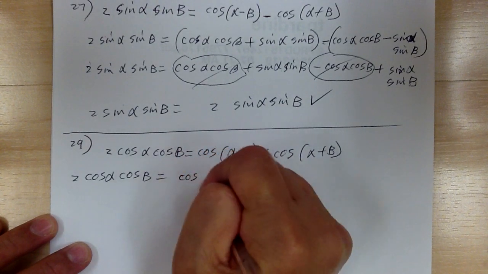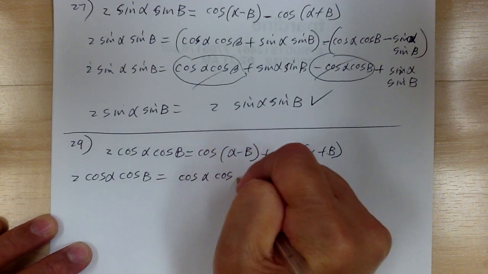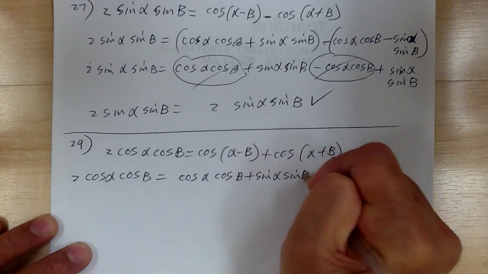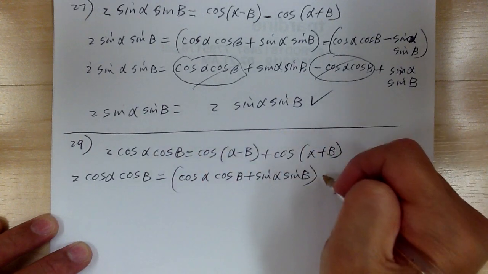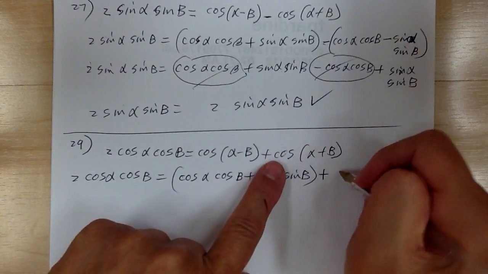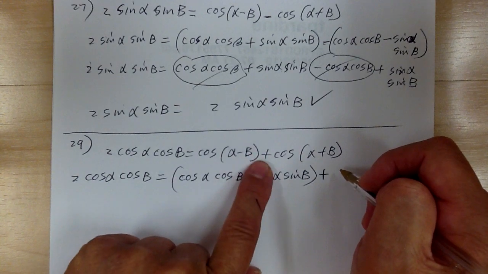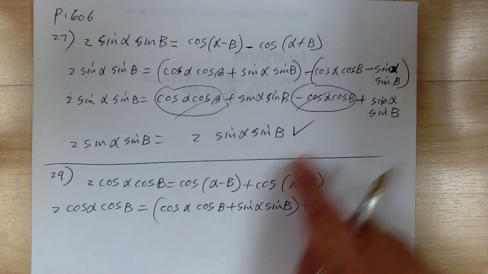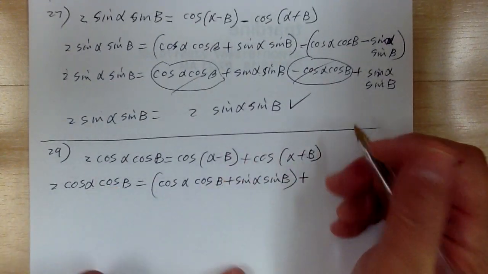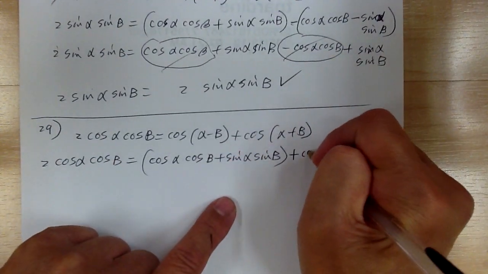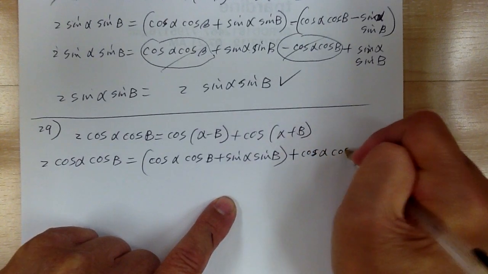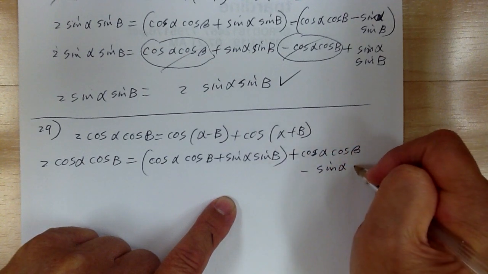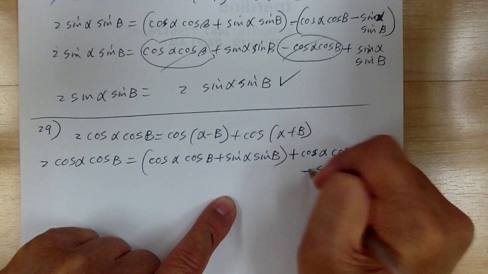So to expand that, you're going to get cosine alpha cosine beta plus sine alpha sine beta. So this is from the first one. Plus, well, actually you don't need a parenthesis because it's a sum. If it's subtraction, you got to put parentheses so you can change the sign. But if it's plus, you don't really need parentheses. So this one, you're going to get cosine alpha cosine beta minus sine alpha sine beta.